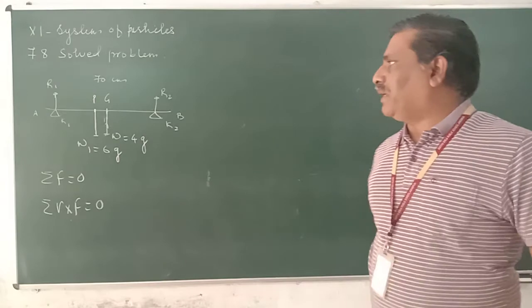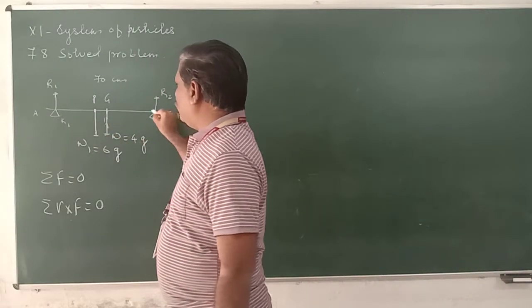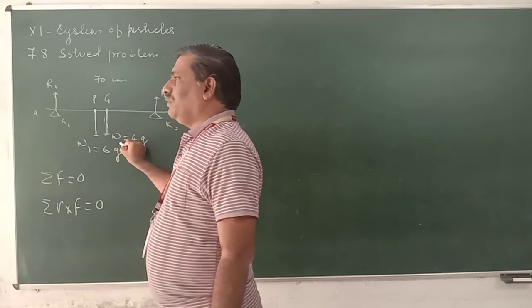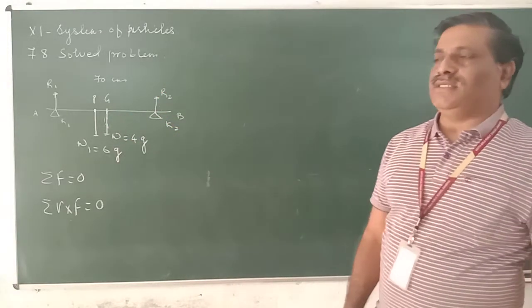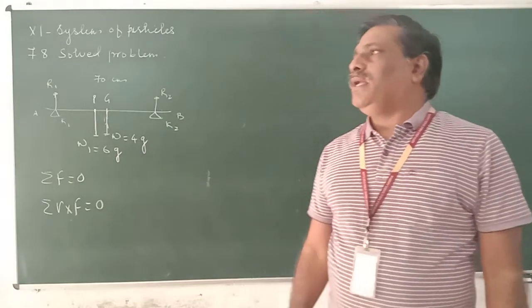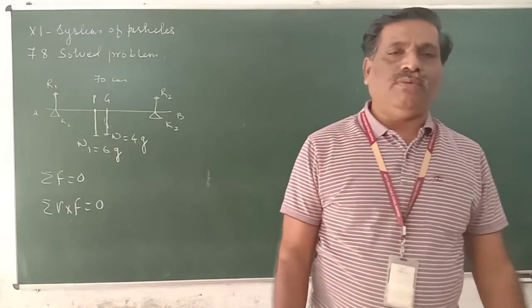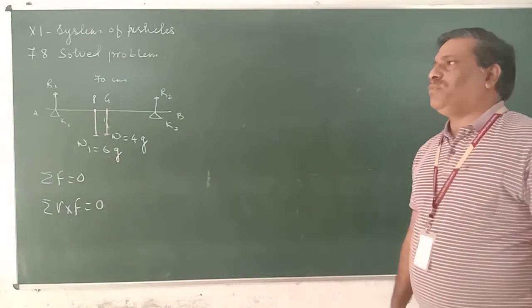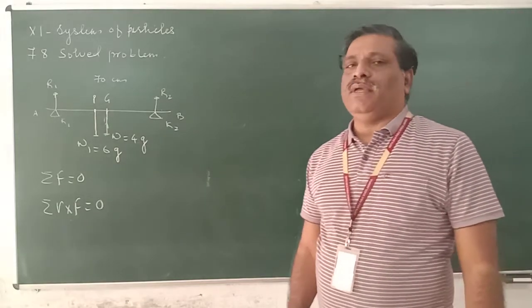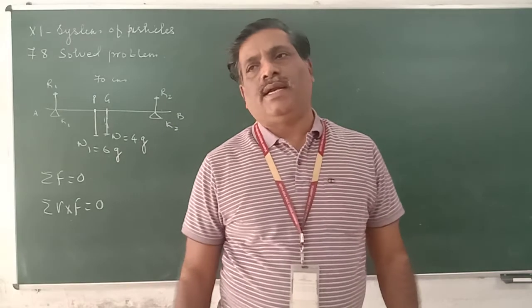Now apply this. How many forces are there? R1, R2, W1, W. Forces acting in the upward direction are considered positive, and forces acting in the downward direction are considered negative. Therefore R1 and R2 are vertically upward, so they are positive. W1 and W are downward, so they are negative.